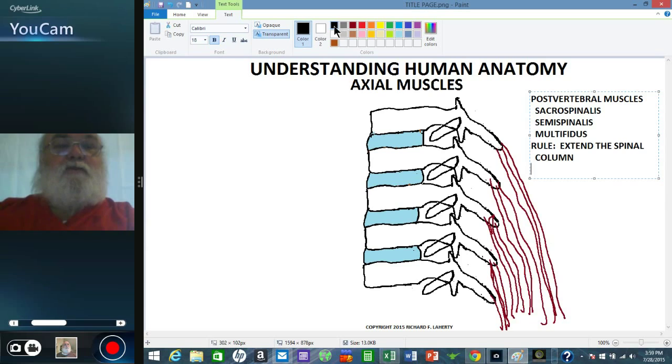The other thing we should consider is the innervation. These muscles are innervated by the posterior ramus of the spinal nerve.